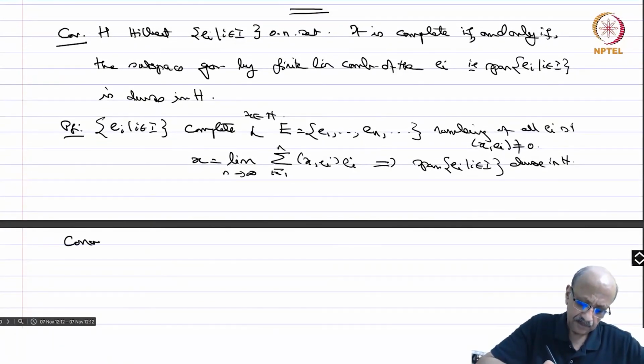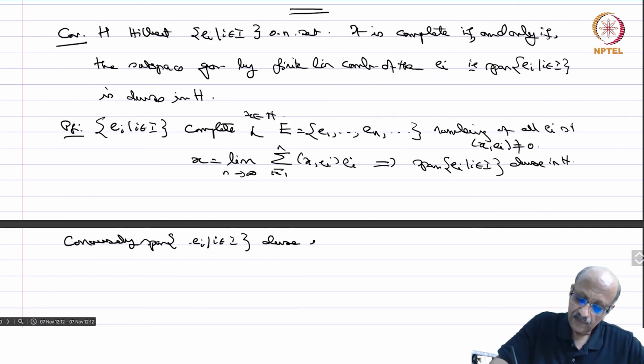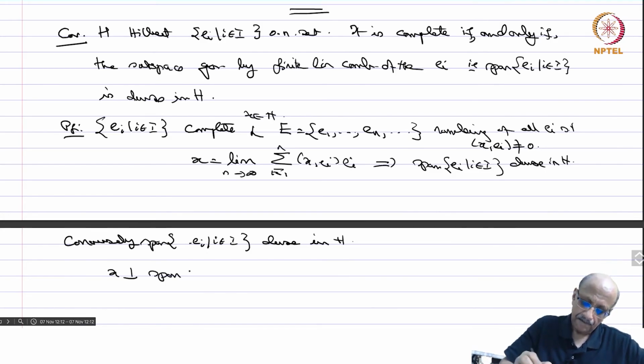Conversely, the span of e_i, i in I, is dense in H. So if x is orthogonal to the span, this implies x is 0.